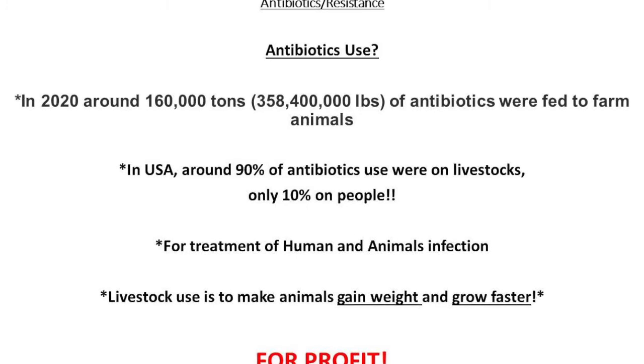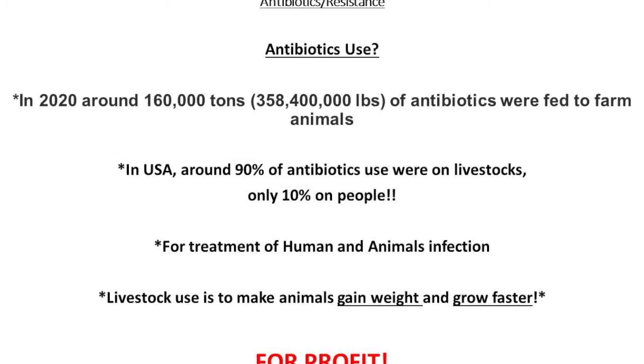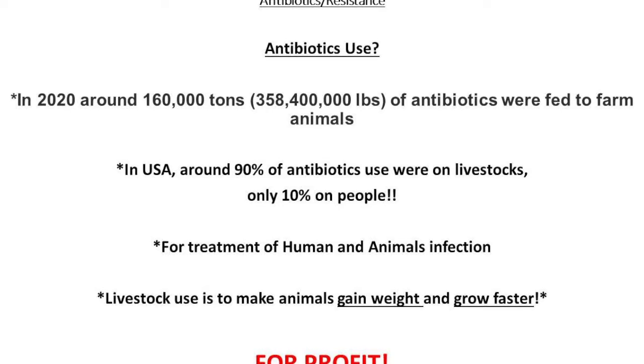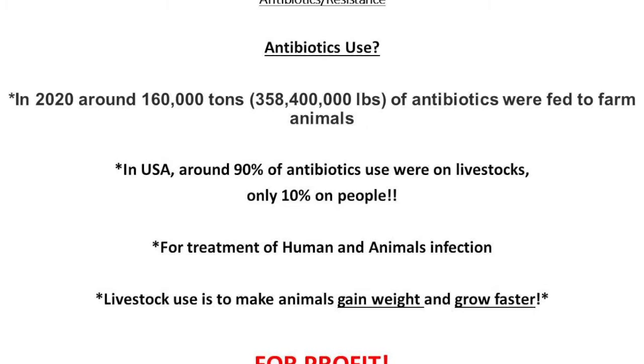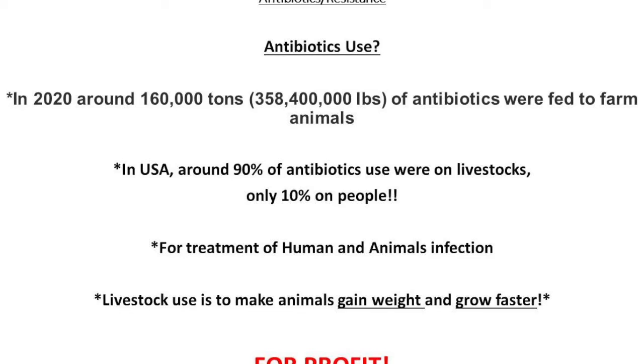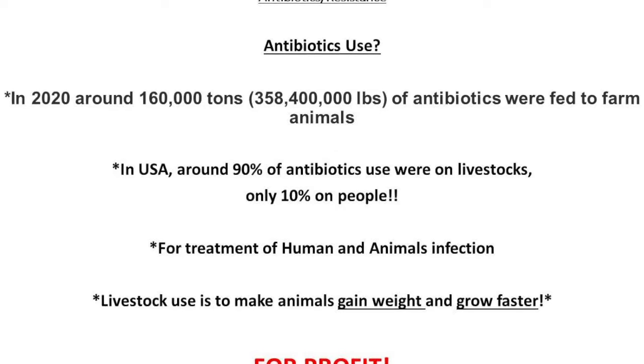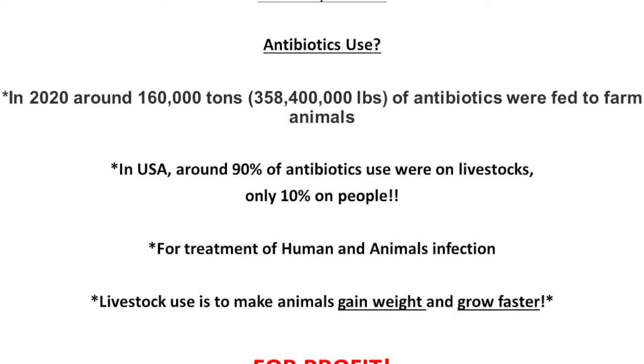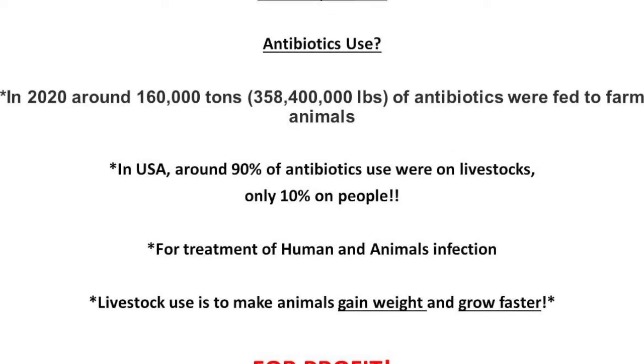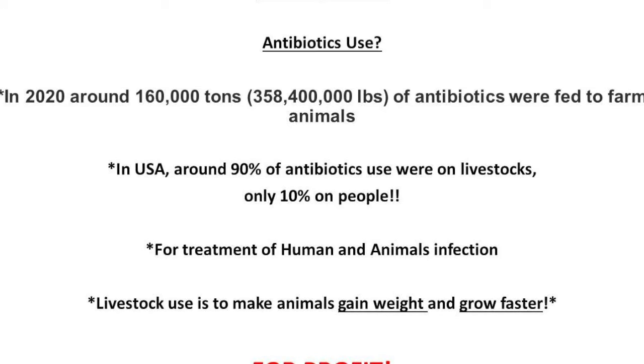I want to bring that up because that's one of the reasons why antibiotic resistance is coming about. When you go buy those big leg thigh chickens, they probably have antibiotics because antibiotics are used to make them grow faster, grow bigger.